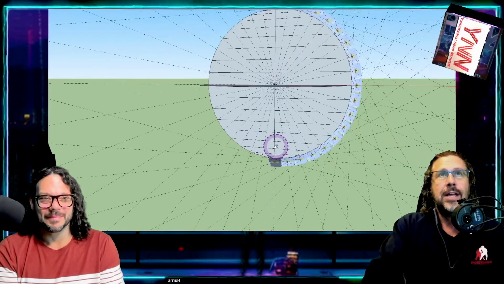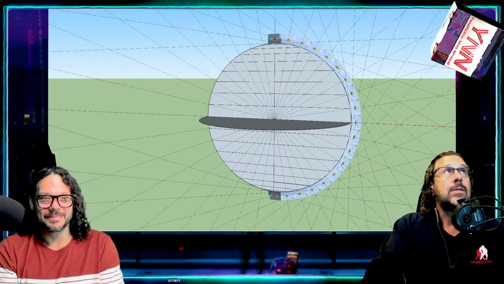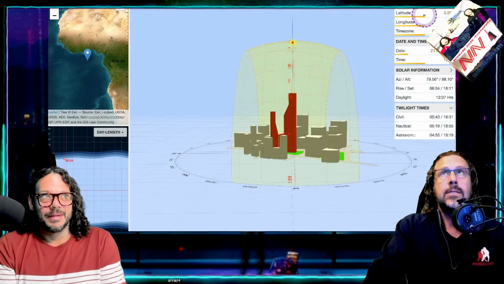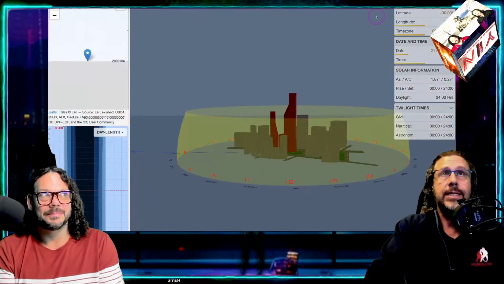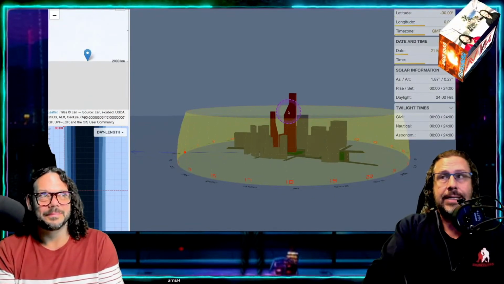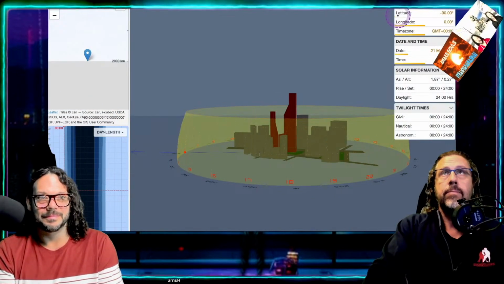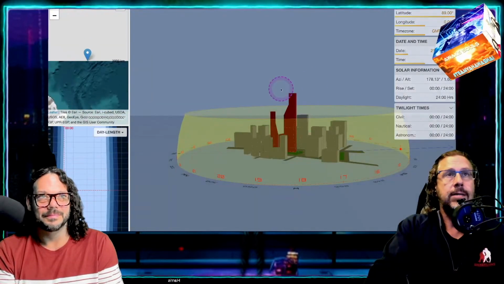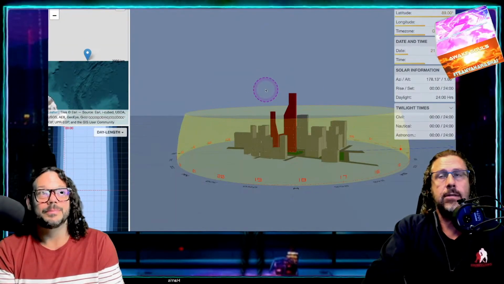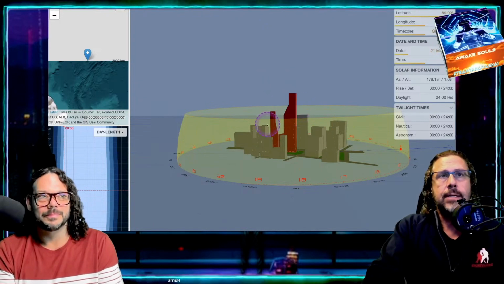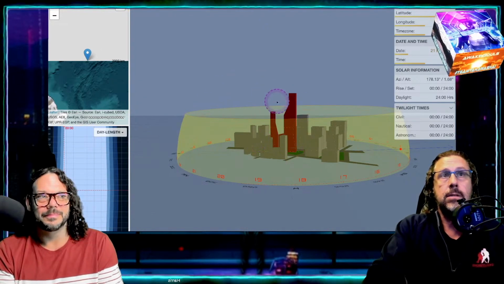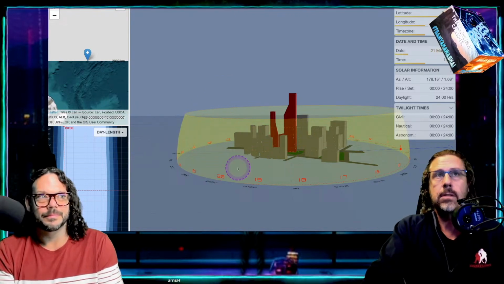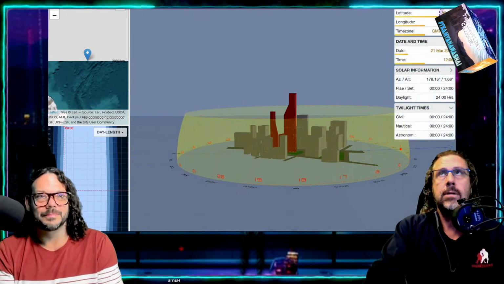Right? So the real system, if we go to Andrew Marsh, you'll see that there's only 180 degrees. If we go from 90 degrees south here to 90 degrees north right here, that's a total of 180 degrees. But you'll see at no point did these buildings go upside down.